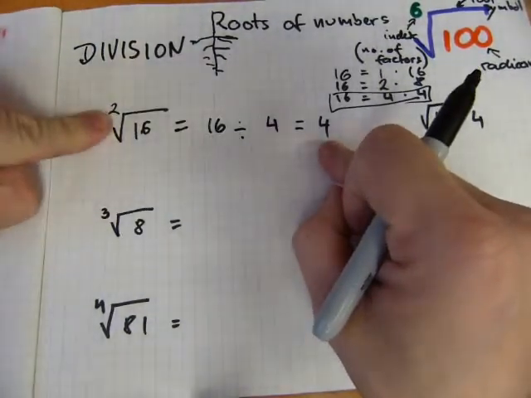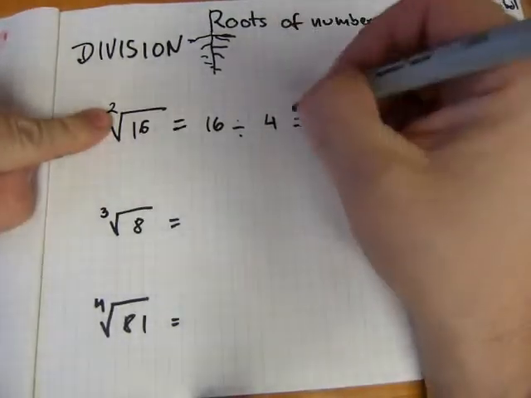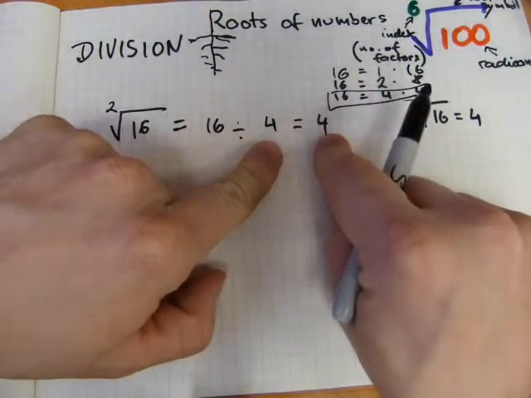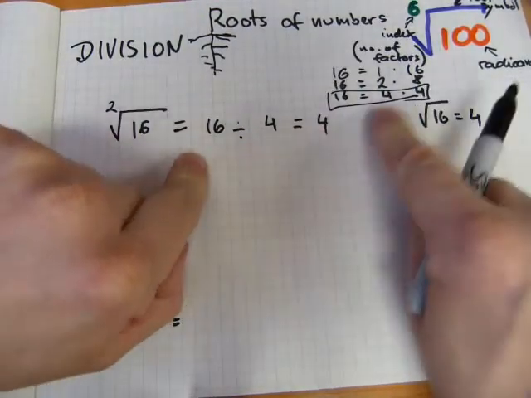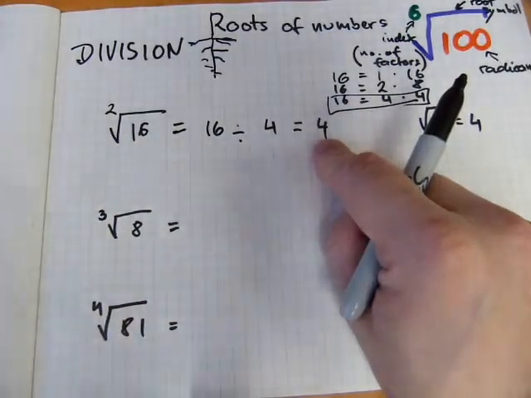This number 2, invisible, means that you have 2 factors of 16. 16 breaks up into 2 equal, identical factors.